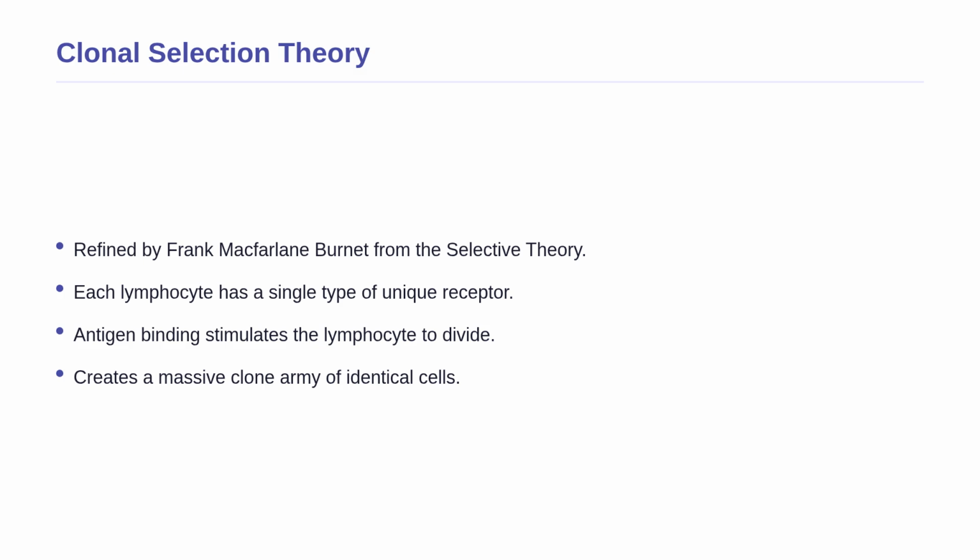Upon binding an antigen that perfectly matches its receptor, that specific lymphocyte is stimulated to divide rapidly. It does not just make more receptors, it makes more of itself, creating a massive clone army of identical cells dedicated entirely to destroying that specific microscopic threat.